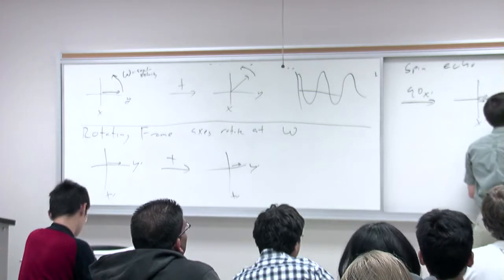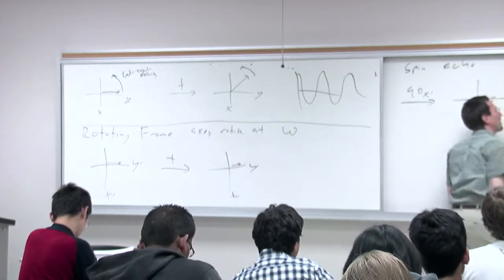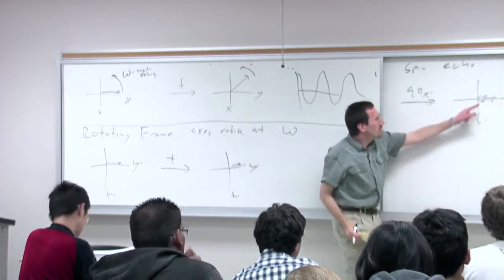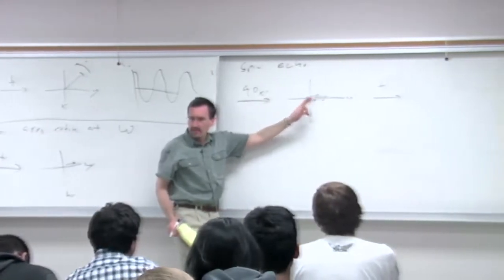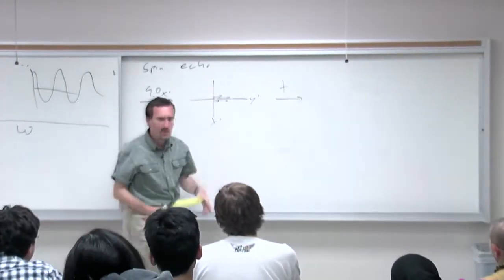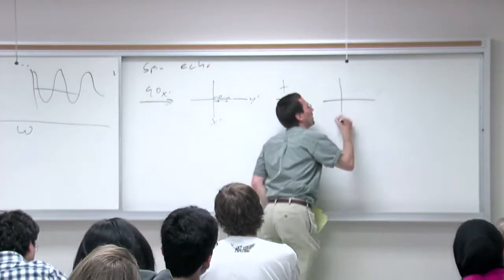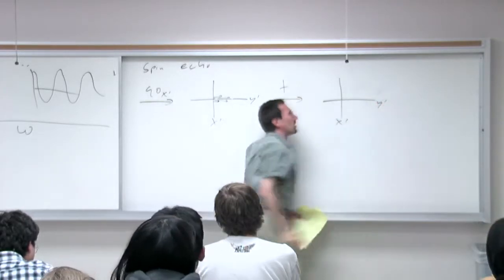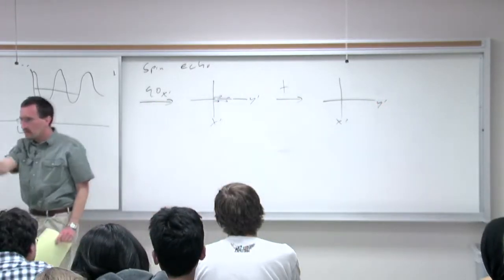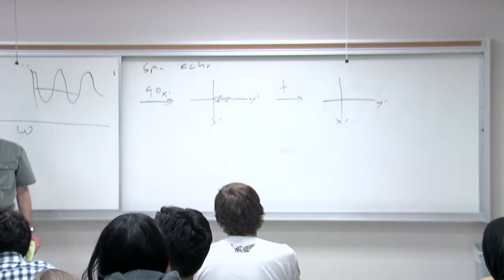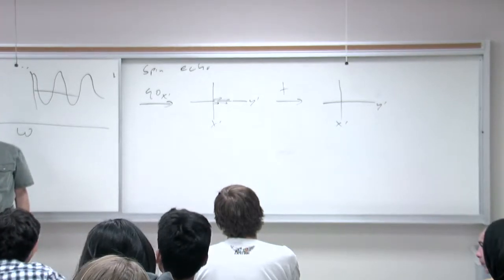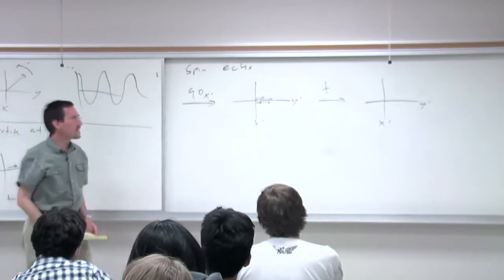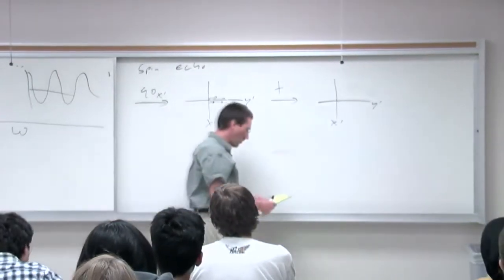So now, if you imagine in this thought experiment that you wait time t, what's going to happen to those vectors after some time? The ones that are rotating faster will appear to go counterclockwise, and the ones that are rotating slower will appear to go clockwise.